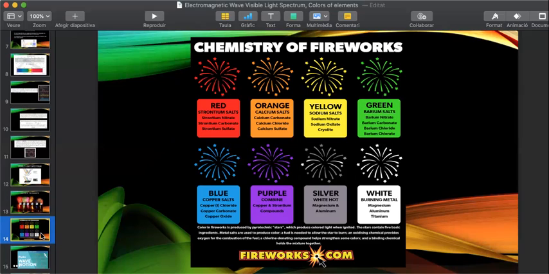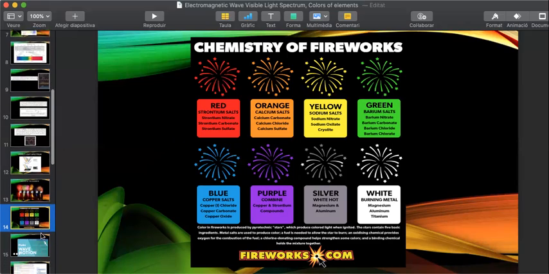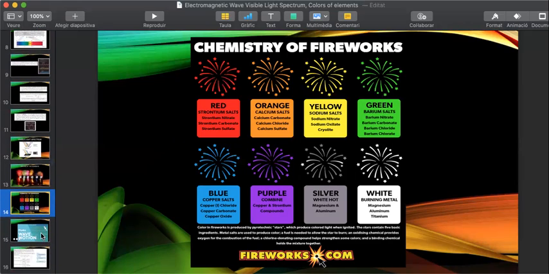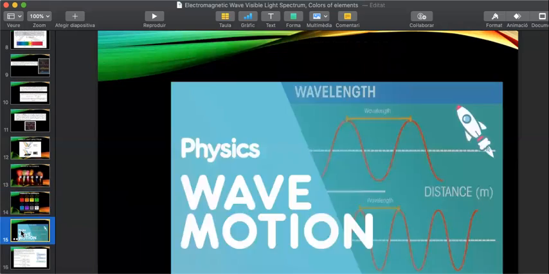Yeah, for example, very common is yellow, thanks to sodium, okay? Or, for example, purple, that is copper and strontium, okay? So each element can burn with a different color when, for example, it blows up in fireworks, okay?